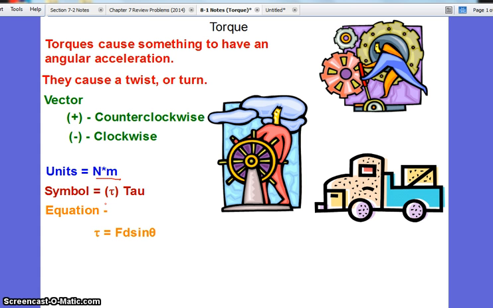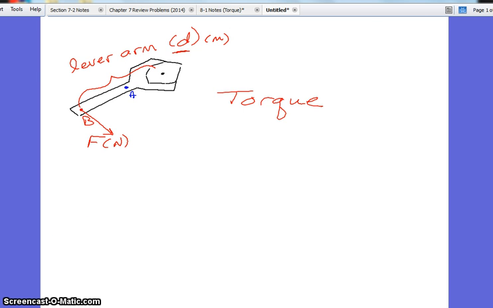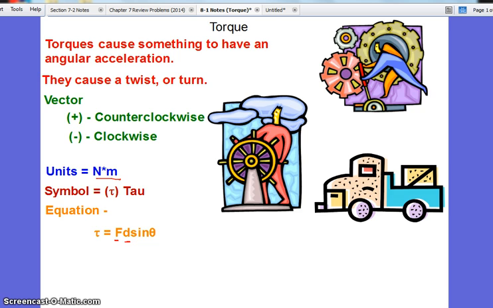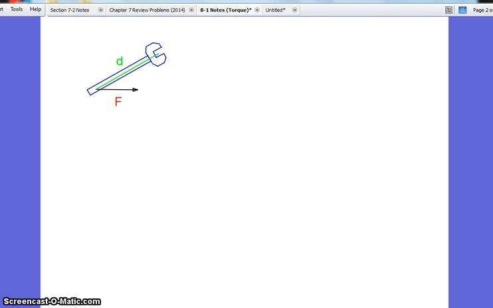And the equation, again, depends on both force and distance. It is force times distance times the sine of the angle in between. So when dealing with the angle, what angle are we talking about? Well, here's our situation, we have that wrench and we're applying a force. What angle are we referring to?